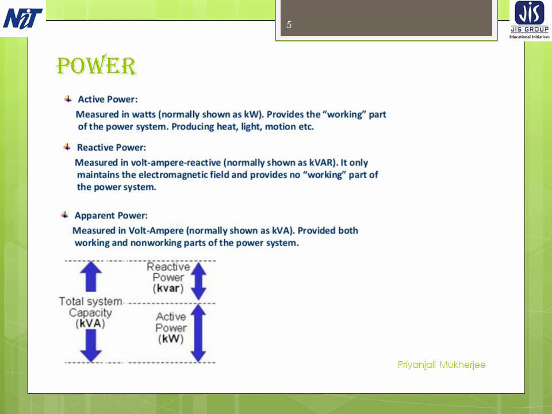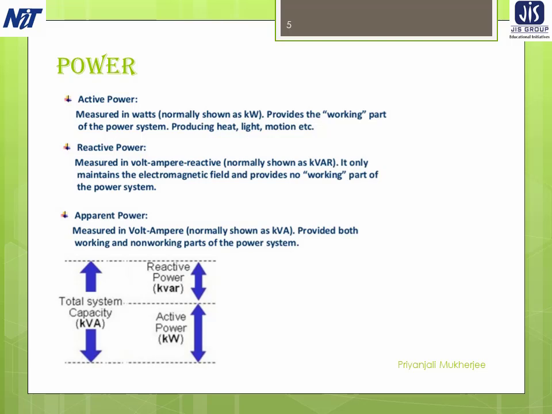Next is the reactive power. Reactive power only maintains the electromagnetic field and provides no working part of the power system, and it is measured in volt ampere reactive. Next is the apparent power.